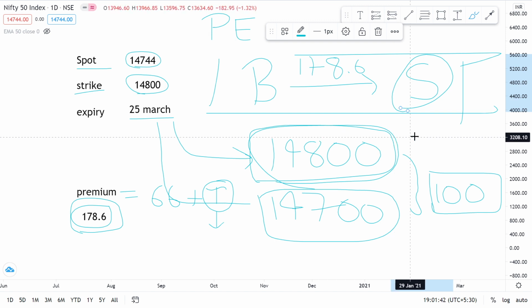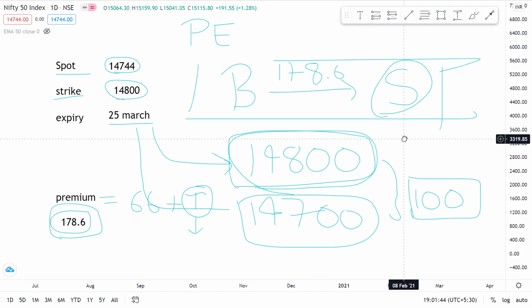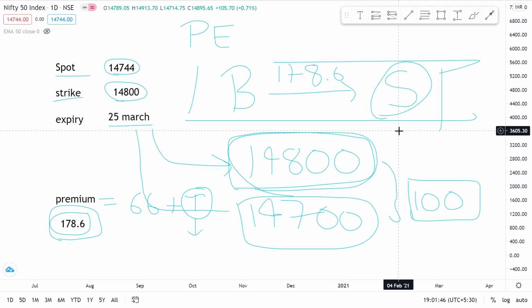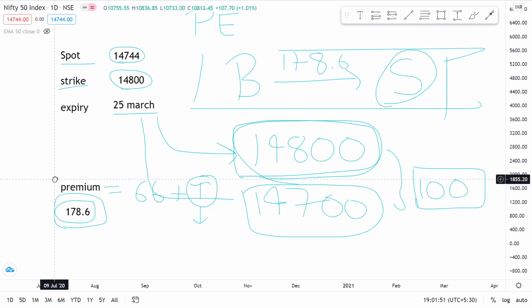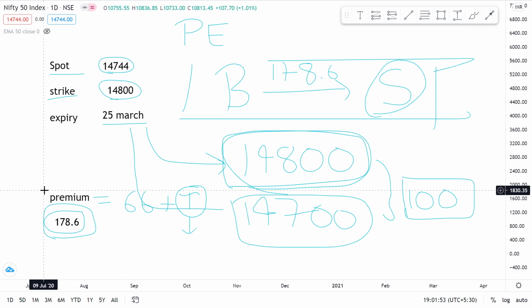Now this is what is involved when it comes to put options, and this is what the option premium means, the expiry means, the strike price means, and the spot price means.